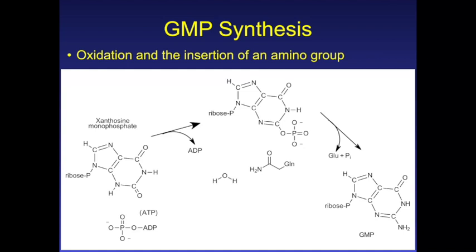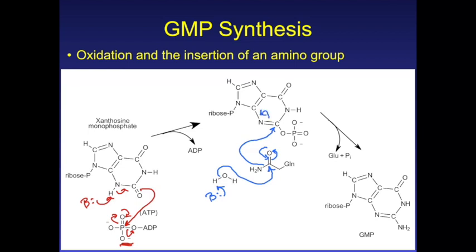It'll kick up on the nitrogen. It will behave like a ketone, and the phosphate will leave. And I have GMP. All right. I have made AMP and GMP, 2 of the 5.